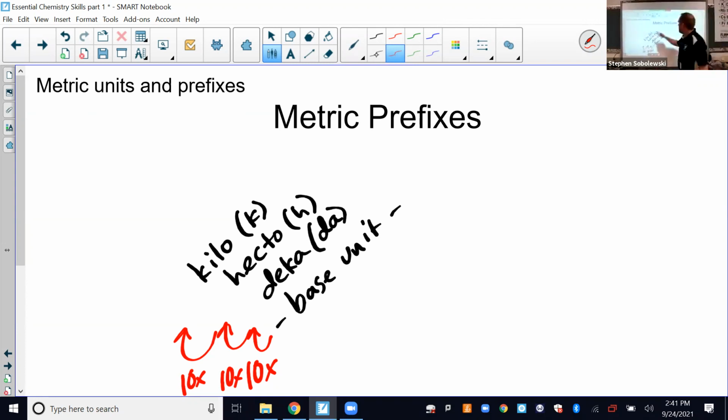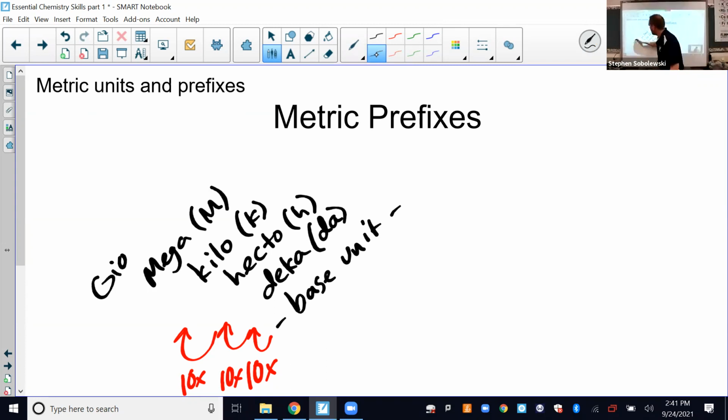Above kilo, we have mega, capital M. We have giga, capital G. We have tera, capital T. And so on.